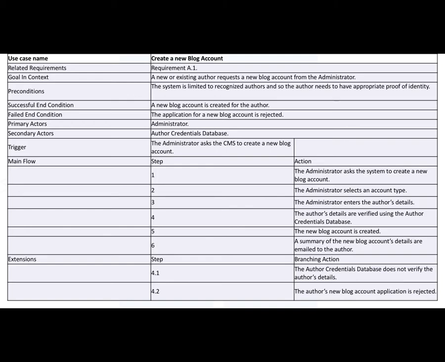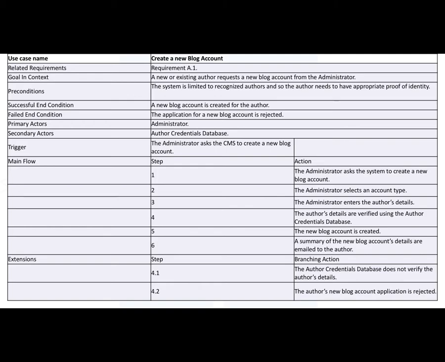Branching actions are these. If you look back at step 4, we see the check for the author's details being verified using the author credentials database. This is the normal exit path, or the normal path. This is the extension. This is the branching action that occurs if this check were to fail.